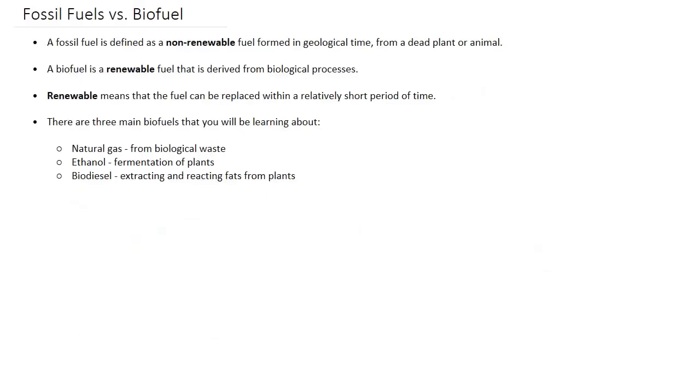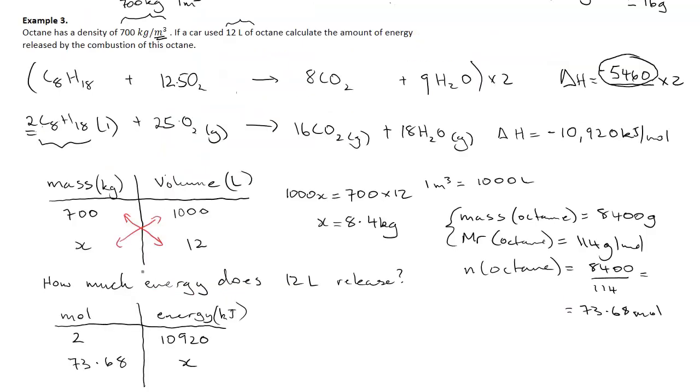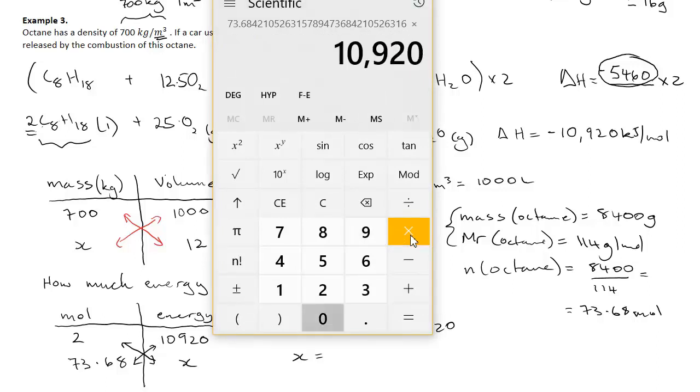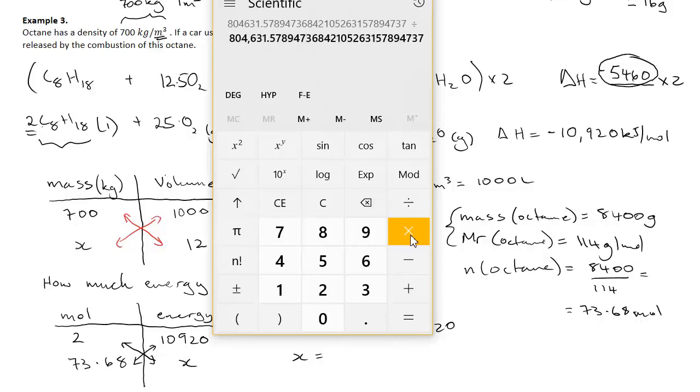Okay, so once again we have to multiply this through. So we've got 2 times X equals 73.68 times 10,920. So that whole value needs to be divided by 2. So we multiply by 10,920 and divide the whole thing by 2.